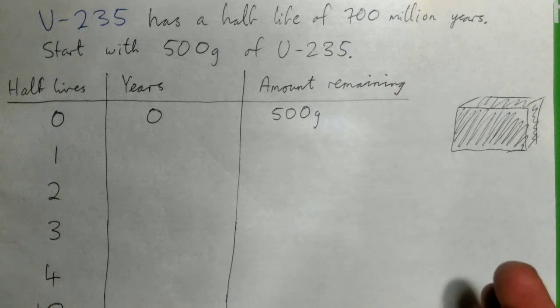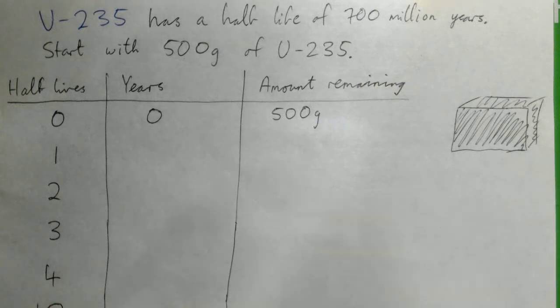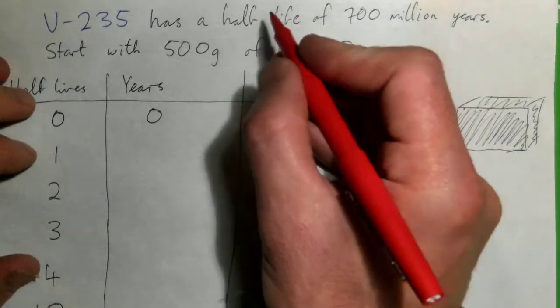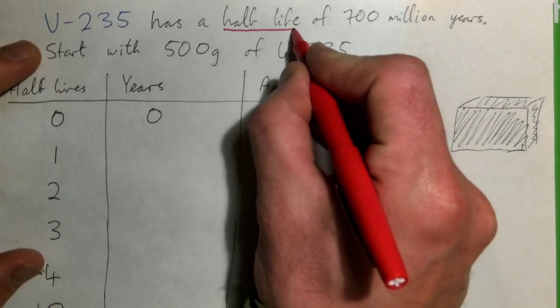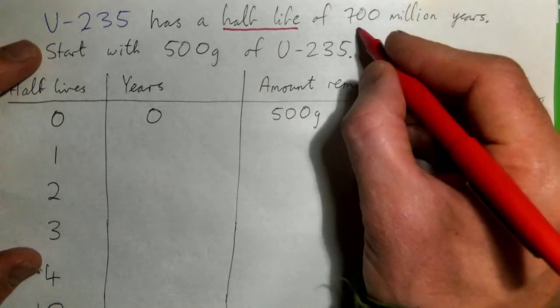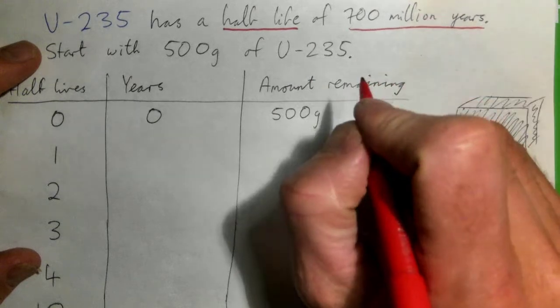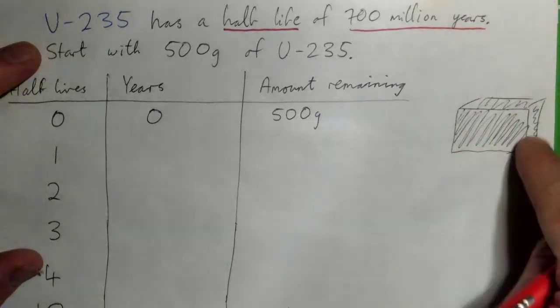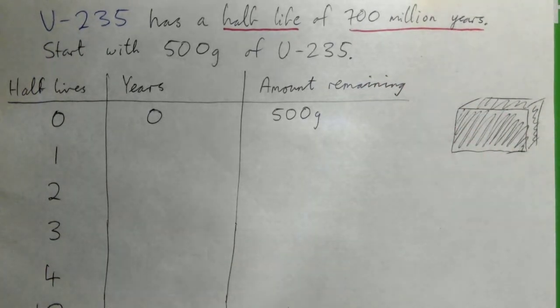And when we say half-life, we mean half of it disappears after 700 million years. So half of this block is going to radioactively decay after 700 million years.